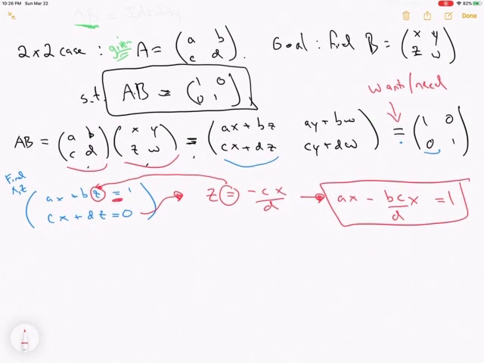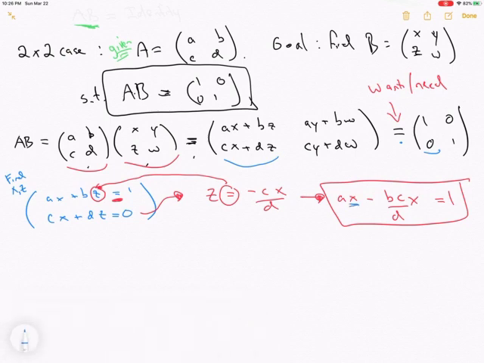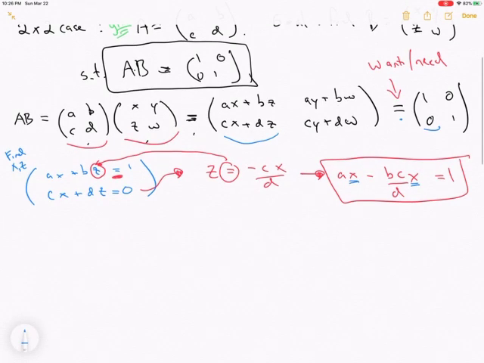So this equation now becomes this equation right here. There are a bunch of symbols going on, but we're assuming that we know a, b, c, and d. So this is just one equation, one variable. Our goal is just to solve for x. We can do that because we can just factor out the x. So that becomes (a minus bc over d) x is equal to 1. It'll be convenient to write the term in parentheses as a single fraction.